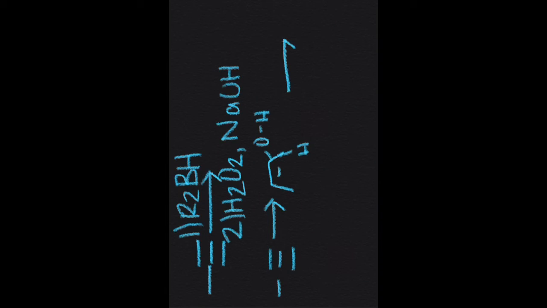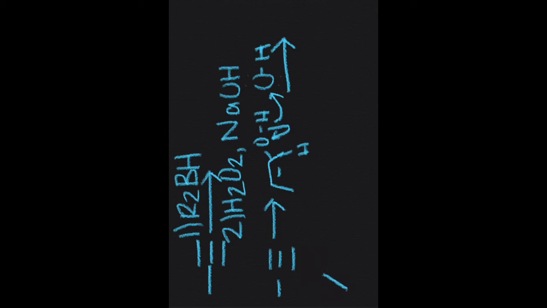And this enol, which is never isolated, is going to react with the hydroxide group. So this hydrogen is going to bond with this oxygen to form a water molecule, and then this bond will go back to the oxygen as electrons.